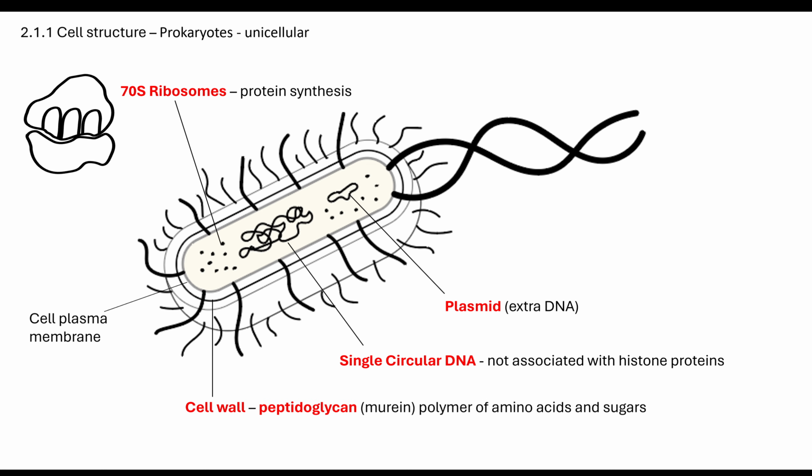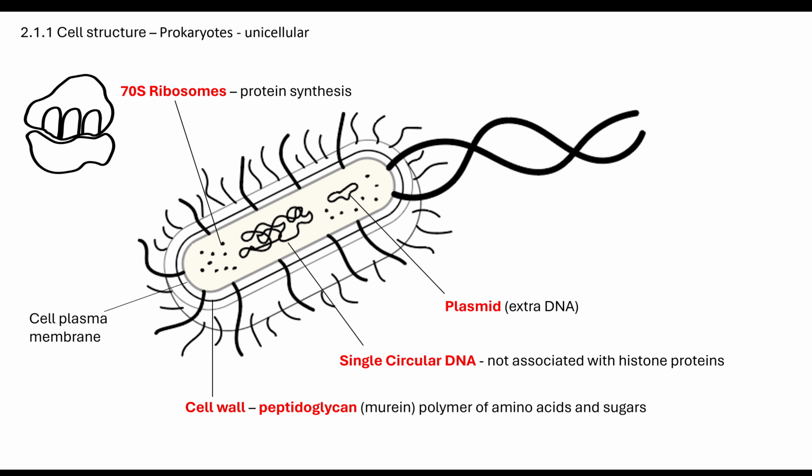Another distinguishing feature of a prokaryotic cell is the fact that the cell wall is made up of a peptidoglycan. Now, that's basically a polymer of amino acids and sugars held together. So it's very specific in the structure of that cell wall.